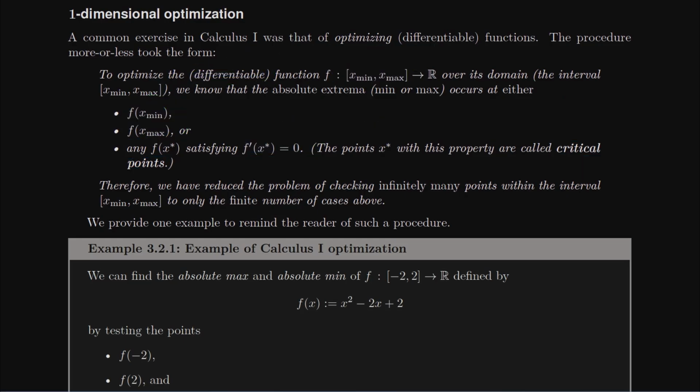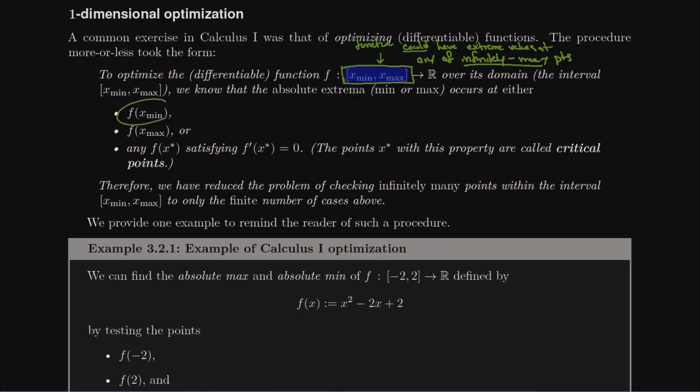And why is that useful? Well, it's useful because this interval that the function could have, not necessarily should, but could have extreme values at any of infinitely many points. Right? There are infinitely many points inside of this interval.